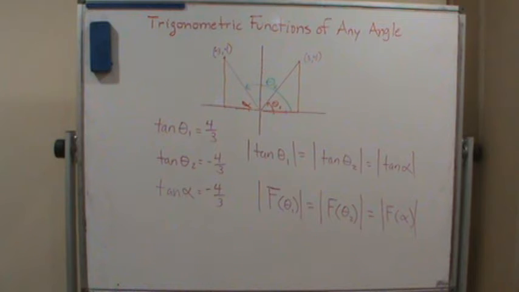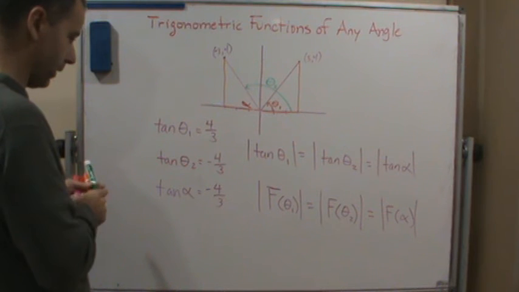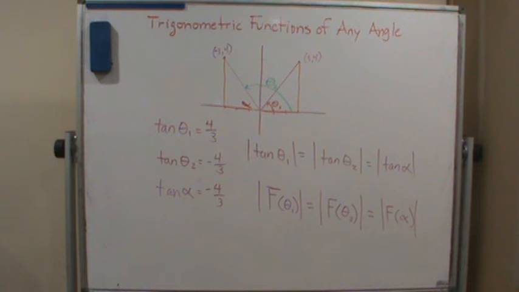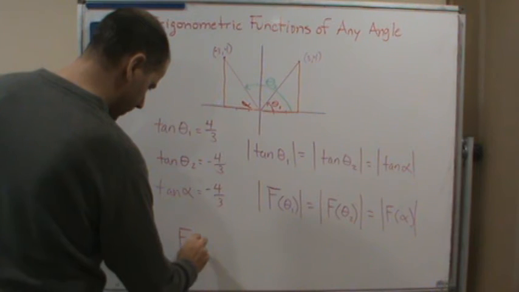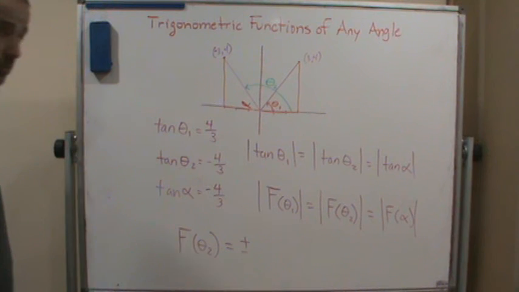And so we can conclude that the value of any trigonometric function of any second quadrant angle, again, we're just talking about second quadrant angles at this point, is this: we can take f of theta 2, and that's going to equal plus or minus what?